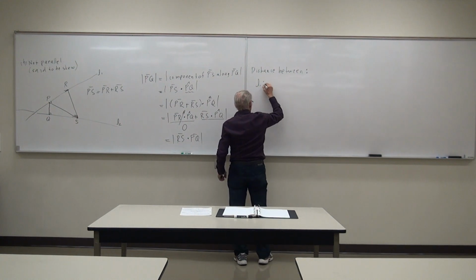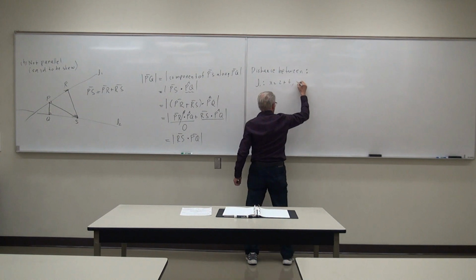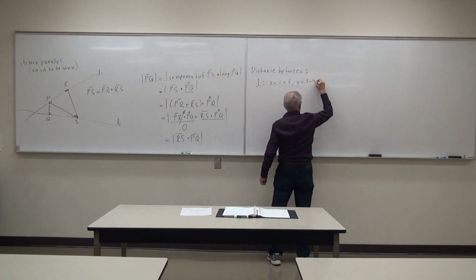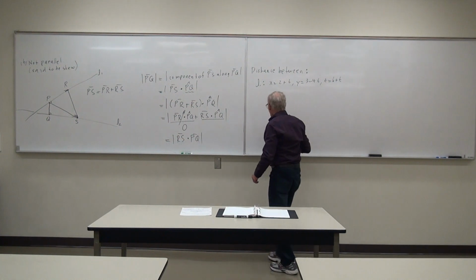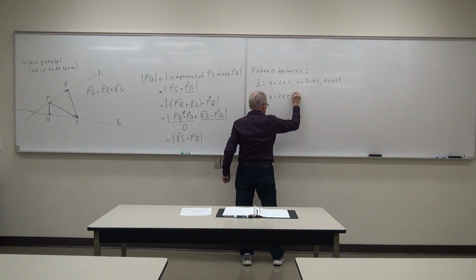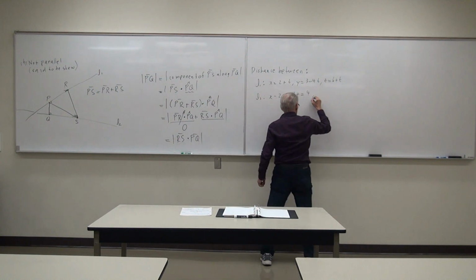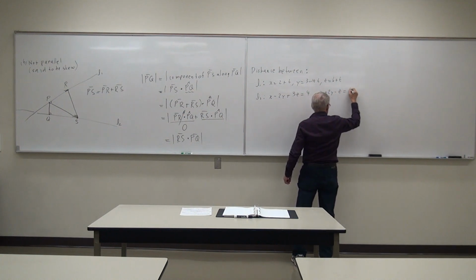L1: x equal to 2 plus t, y is equal to 3 minus 4t, z is equal to 6 plus t. Line 2: x minus 2y plus 3z is equal to 4, x plus 2y minus z is equal to 0.